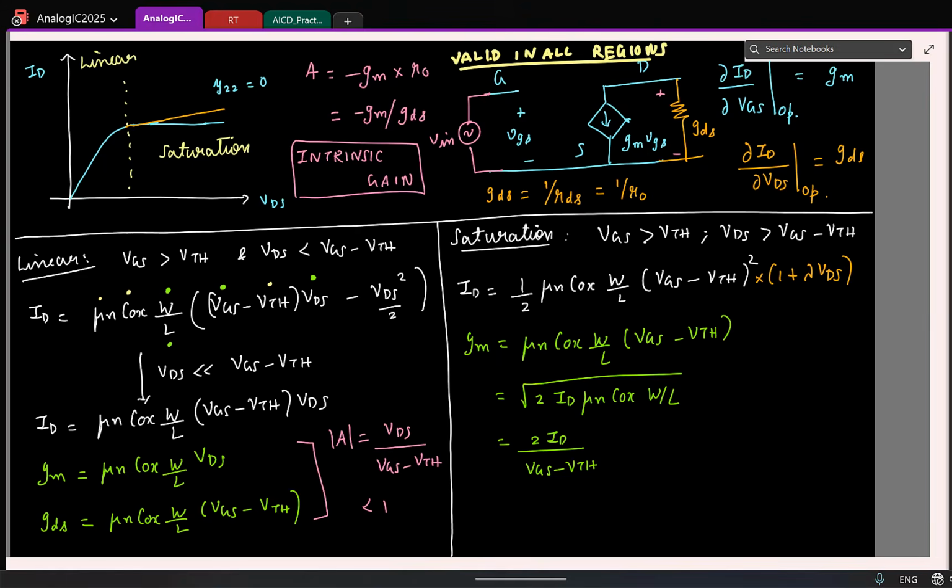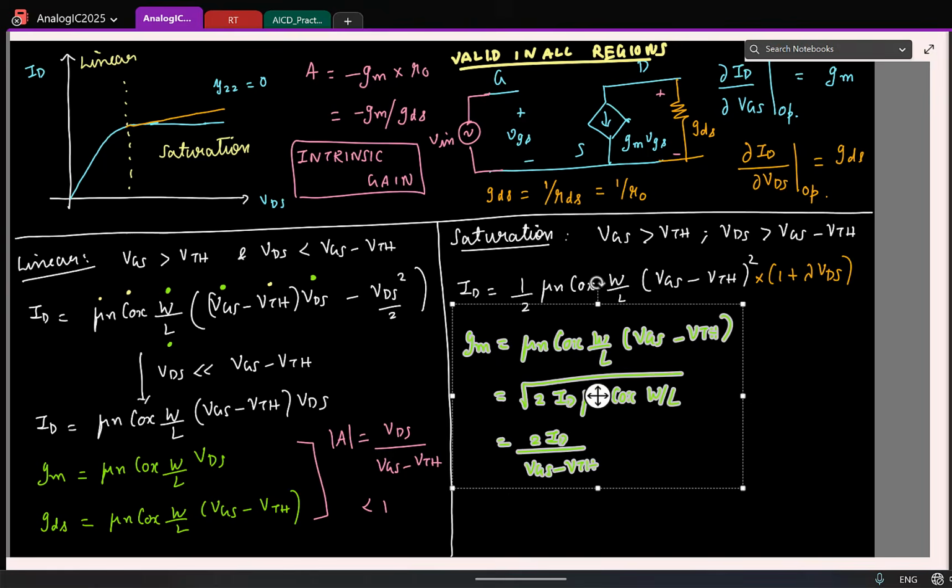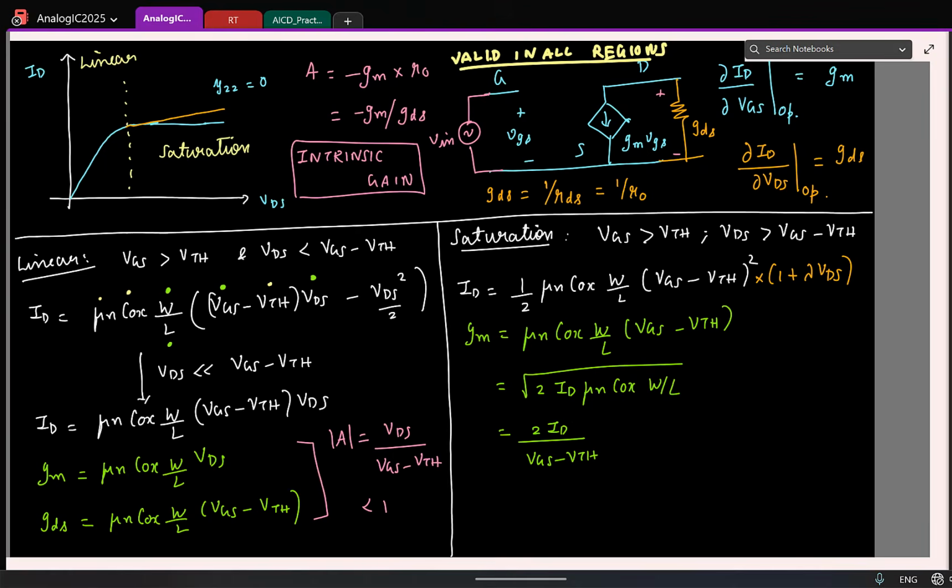So if someone asks you if GM is proportional to W or proportional to root W, what should be your question to them? What is kept constant? Okay, great. So this is GM. Let's do GDS.